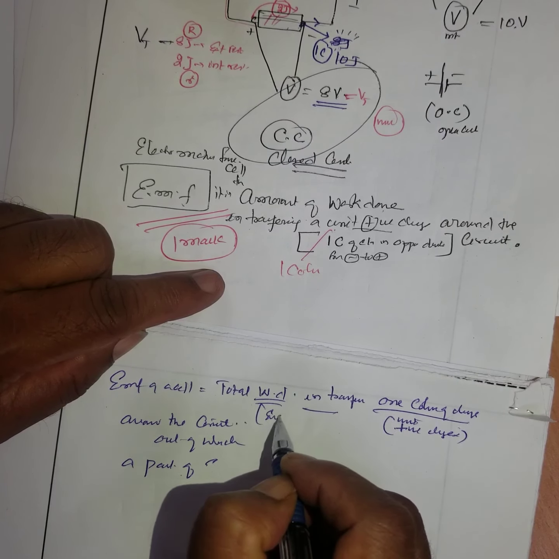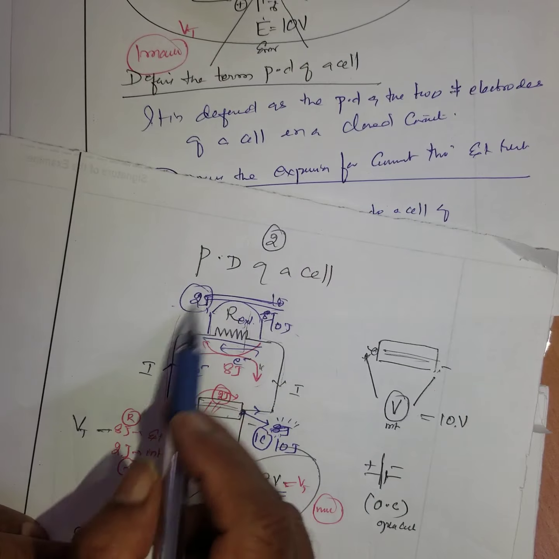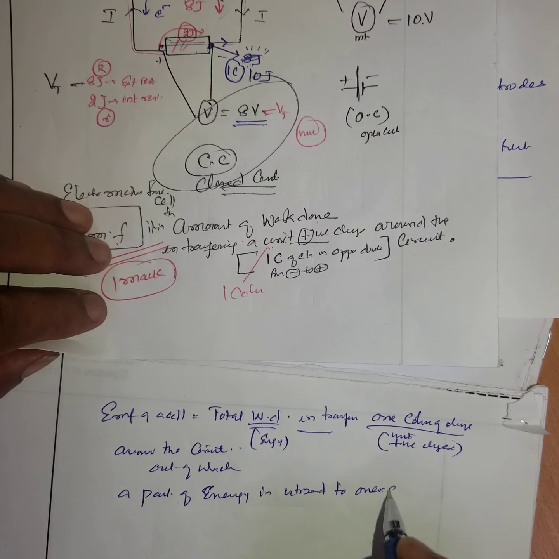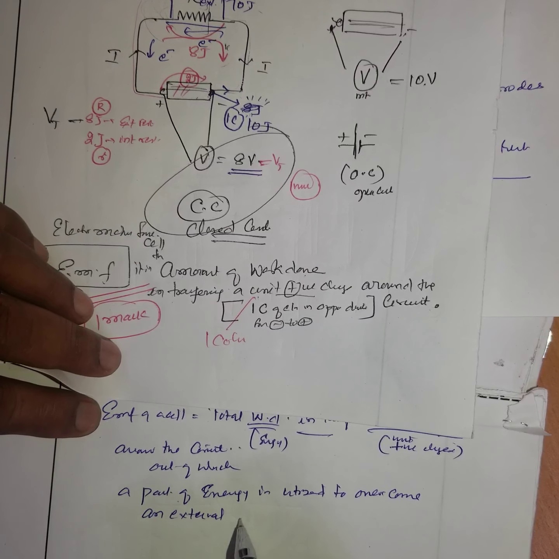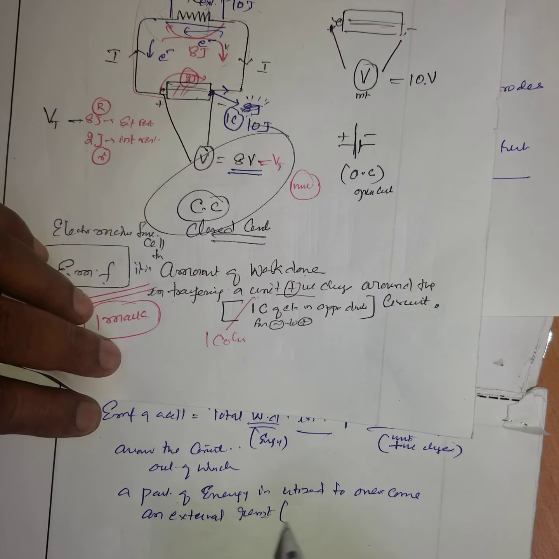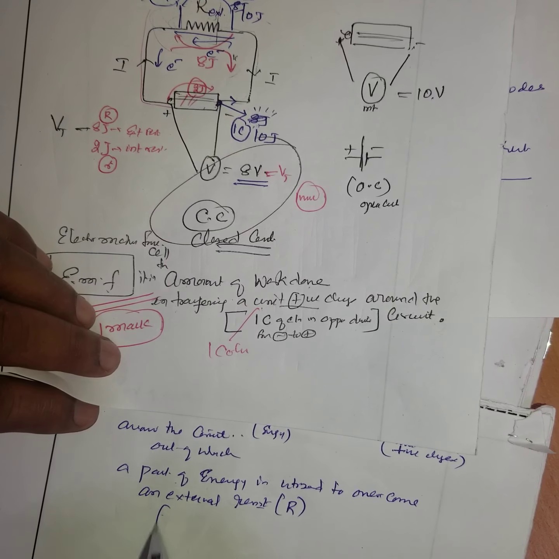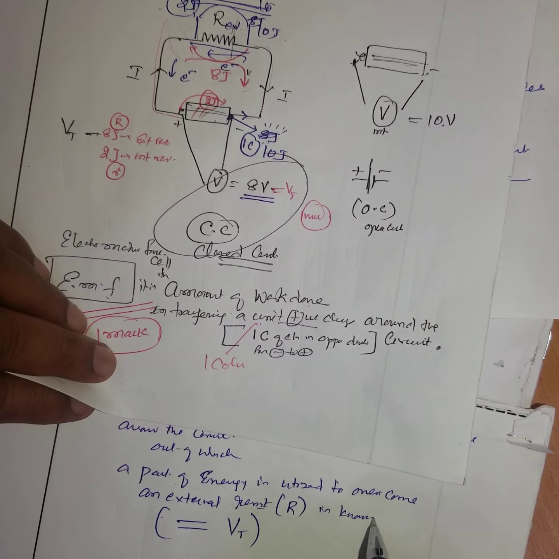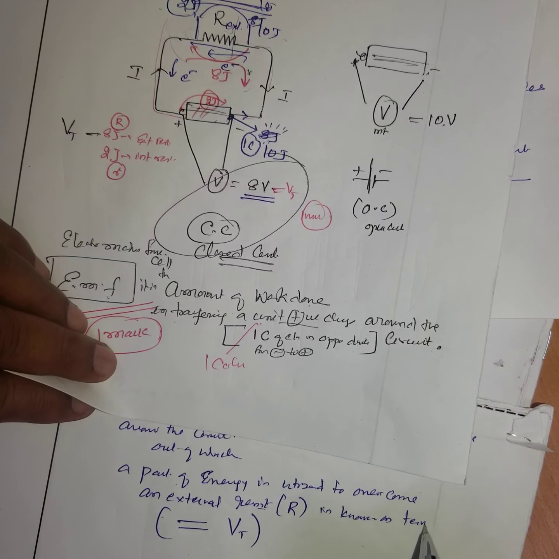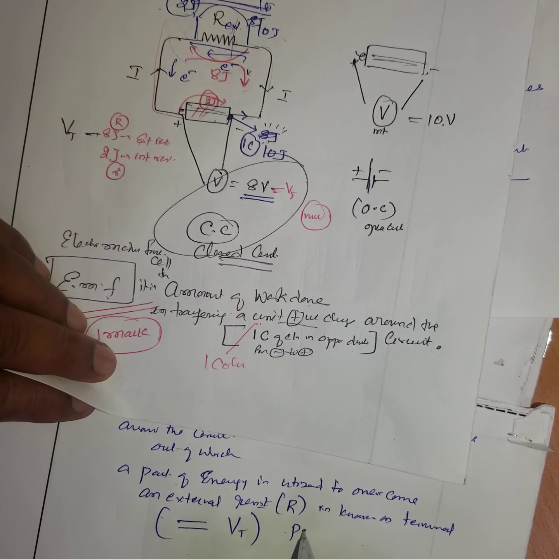Now energy is utilized to overcome an external resistance R, that is in bracket, right, that is equal to Vt, is known as terminal potential difference.